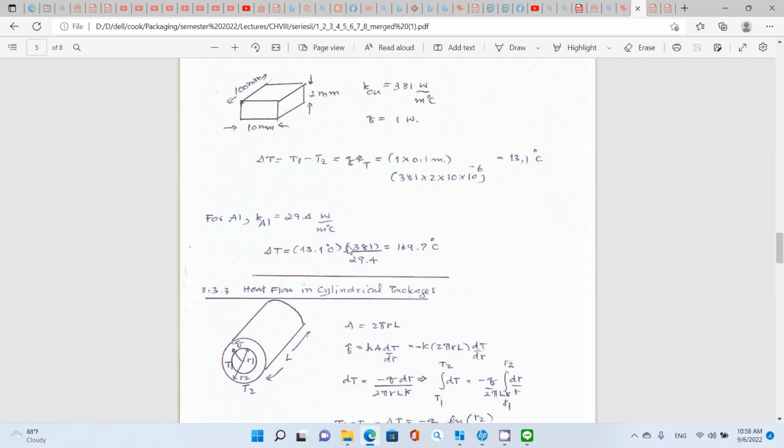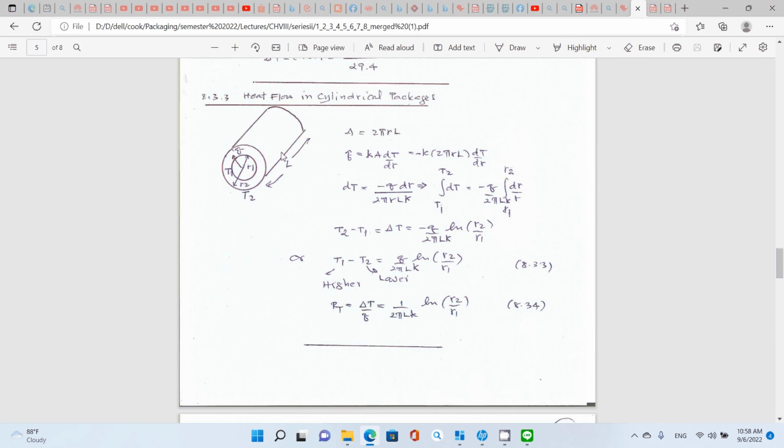So the temperature difference is higher for aluminum than copper, and we say that copper is the better thermal conductor. We need an RT as low as possible, because you want to transfer heat, or you don't want the inside of your system to be too hot. You want the heat transferred out of the system. Okay, so that's what we get from working out the problem.